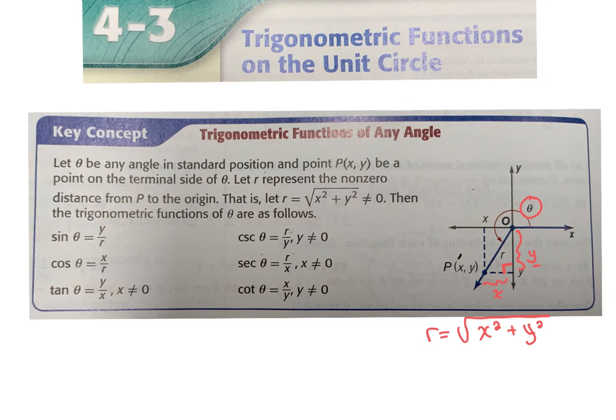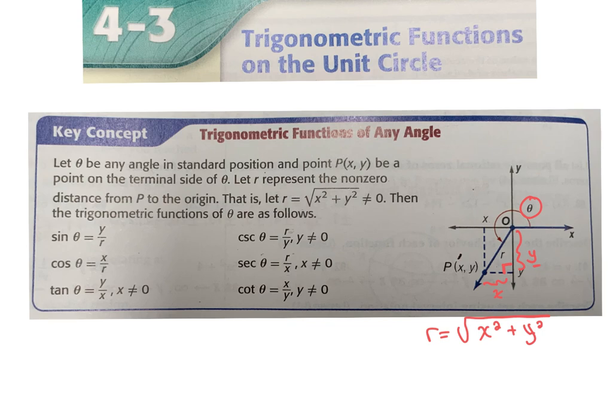And so instead of using opposite, adjacent, hypotenuse, opposite is now going to be represented by y, adjacent is going to be represented by your x coordinate, and your r is going to be your hypotenuse. And you may have to calculate that because you will only be given an x and a y, and you'll just calculate using Pythagorean theorem. All right, your cosecant reciprocates your sine, your secant reciprocates your cosine, and your cotangent reciprocates your tangent.